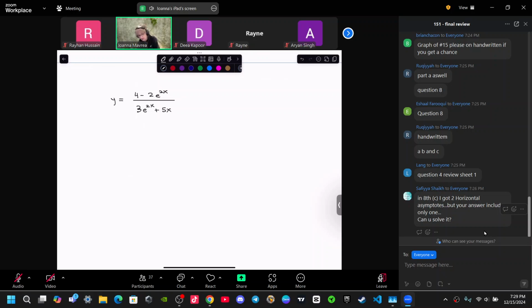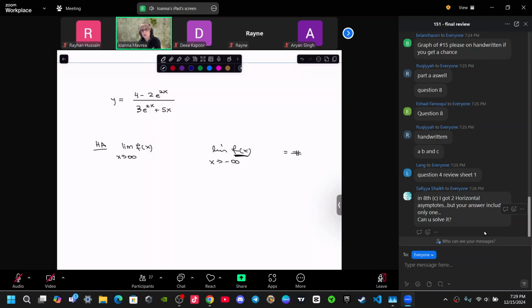When you're asked to find a horizontal asymptote, you're really asked to evaluate two limits: the limit of the function as x goes to infinity, and the limit of the function as x goes to negative infinity. If the answer is a number, any number, 0, 1, negative, 1,000, whatever, as long as it's not infinity, then y equals that number, because that's the y.